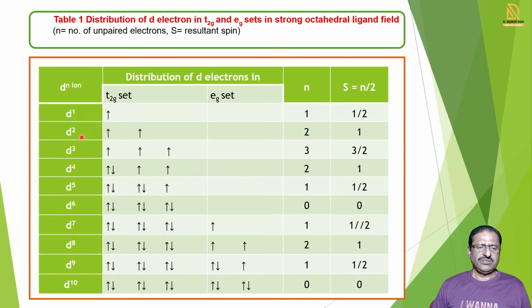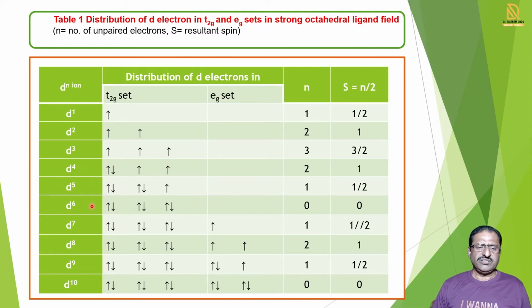In d2, two electrons are present and they are filled singly in T2g. In d3, three electrons are present and all three are singly filled in T2g. In d4, three electrons are singly filled and the fourth electron is paired.